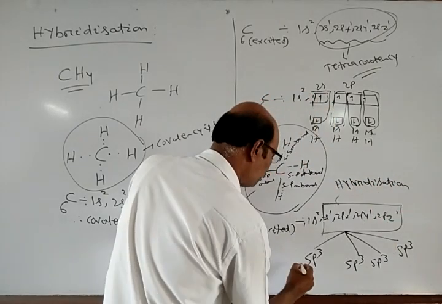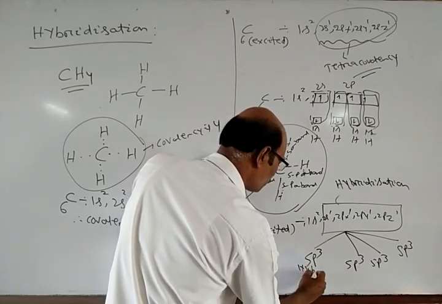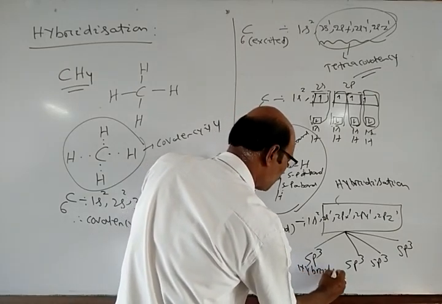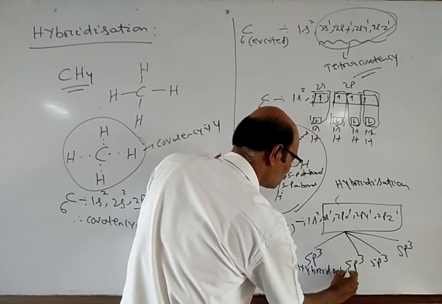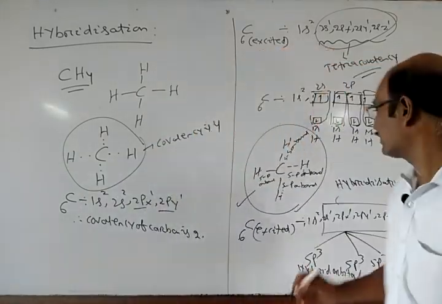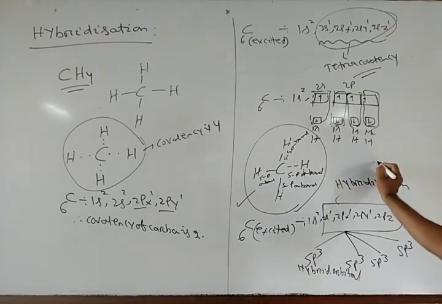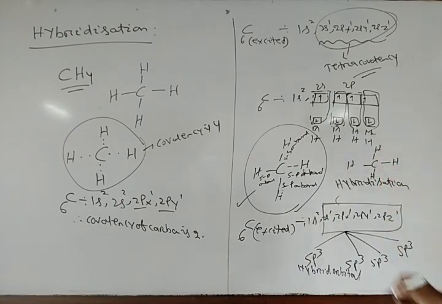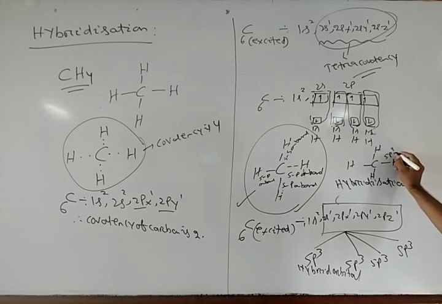Hybridization. These are called what? Hybrid orbitals. So now you can say, if I take methane, here you see the C, H, H, H, H. So this C-H is what? sp3-s sigma bond.